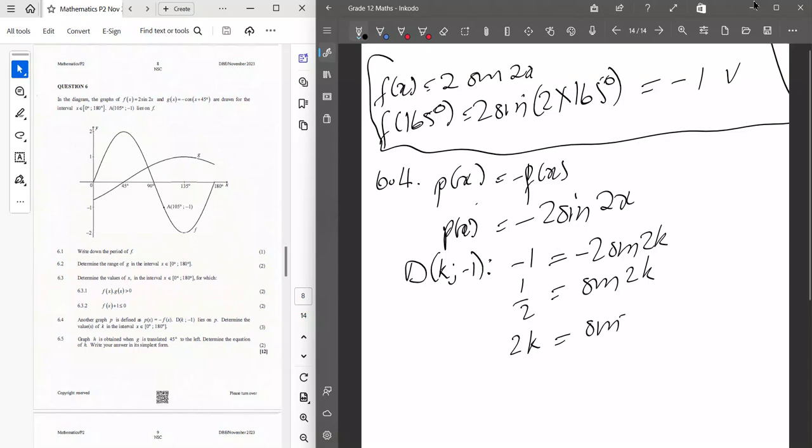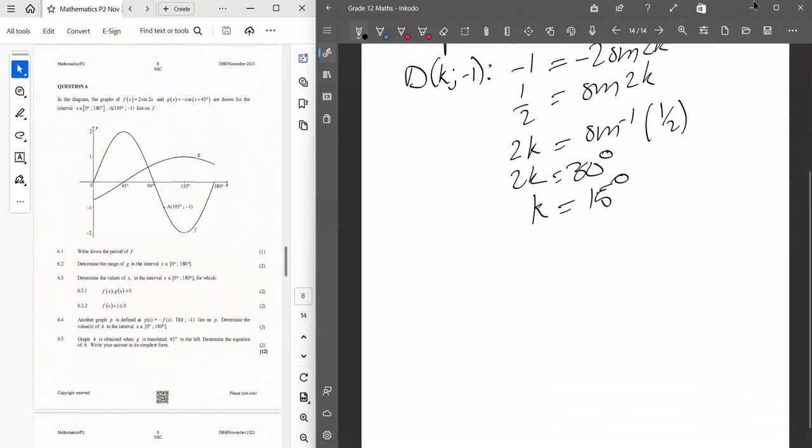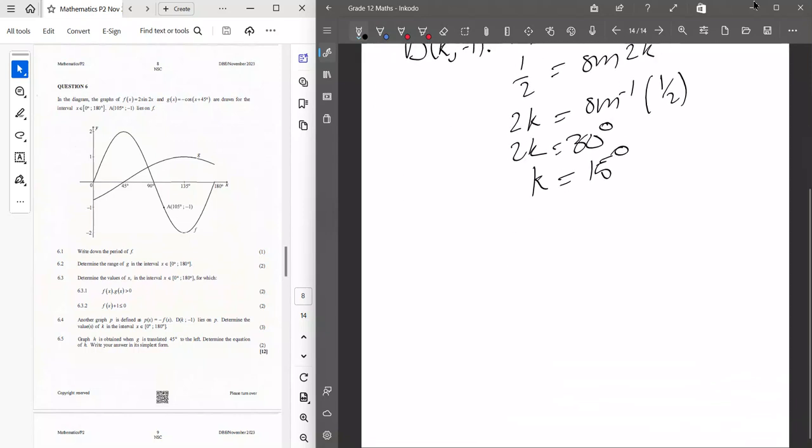Therefore, it means k is 15 degrees. And we are good to go. We found the value of k. Do you guys see this now? This is how you attempt them. Okay? Proceeding.